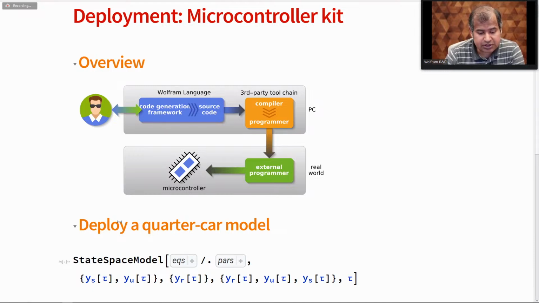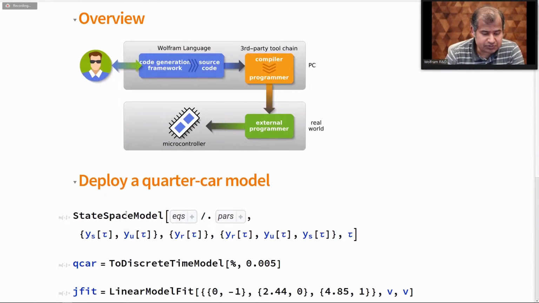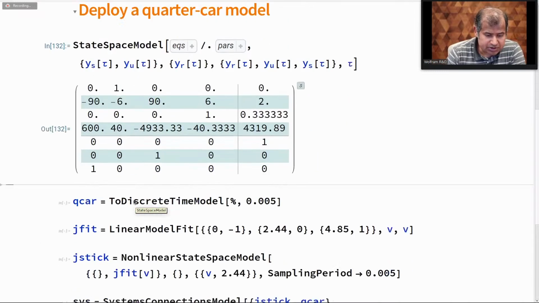Another thing that I'm going to show here is what's called hardware in the loop simulation. We want to deploy the actual model itself. When we deploy the actual model, we have a simulation of the model running in real time on a microcontroller, and we can test that model in real time against a controller that we have designed. For this example, I chose the model for a quarter car suspension system.